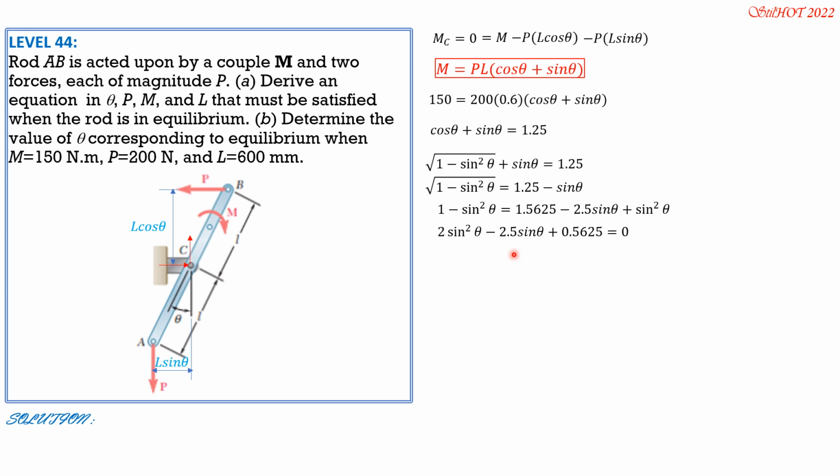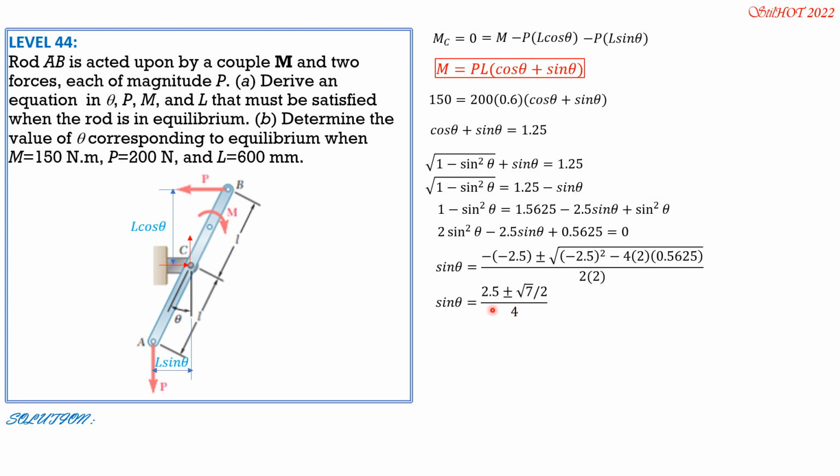By quadratic equation, sine theta is negative of negative 2.5 plus minus square root of negative 2.5 squared minus 4 times 2 times 0.5625, all over 2 times a, which is 2. So sine theta equals 2.5 plus minus the radical, square root of 7 over 2, over 4. So we can solve theta, set minus first for smaller value.